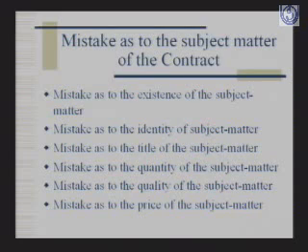Just as I gave you an example of a house: I want to sell my house of Bombay, and you think that I am selling the house at Delhi. Then there is a mistake on the part of both of us.